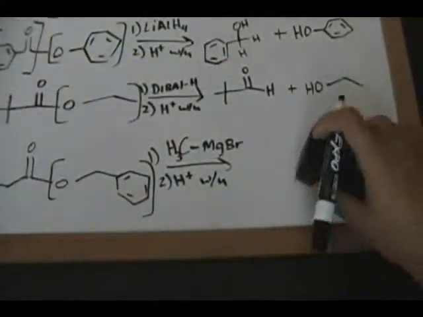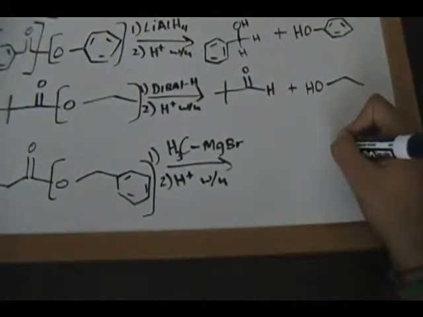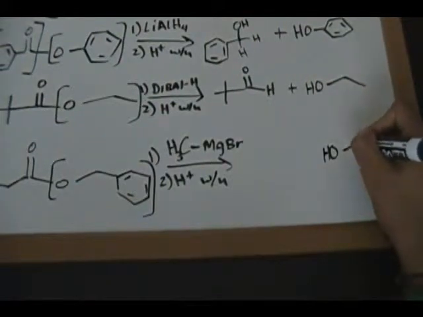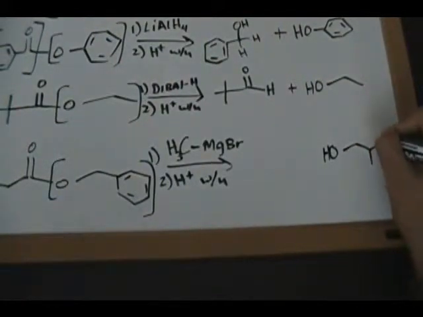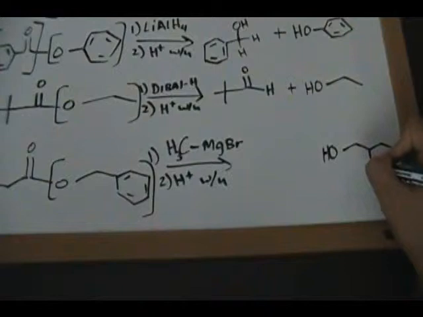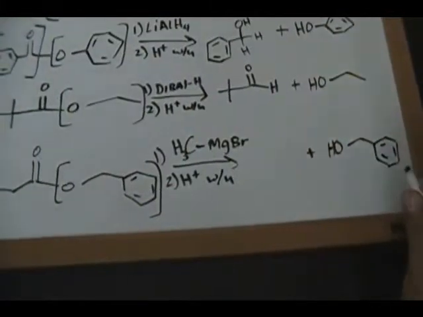And it looks like this. There you have it. And then our other product that we form, remember, in the third reaction we formed a primary alcohol. In this case we're going to form a tertiary alcohol.